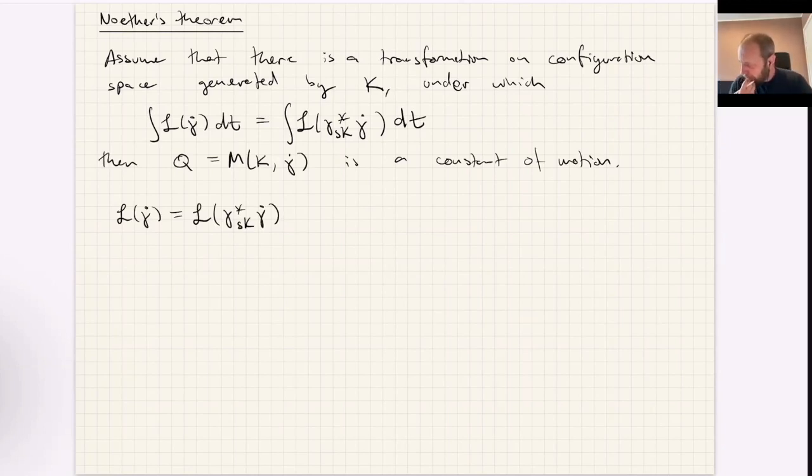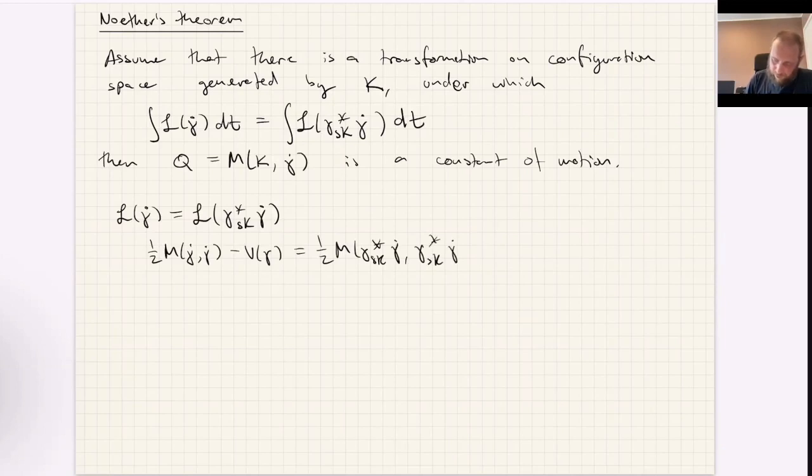If this should be the case, then I know that 1/2 m of gamma dot minus V of gamma must be equal to 1/2 m of these transformed gammas minus V of the transformed gamma.